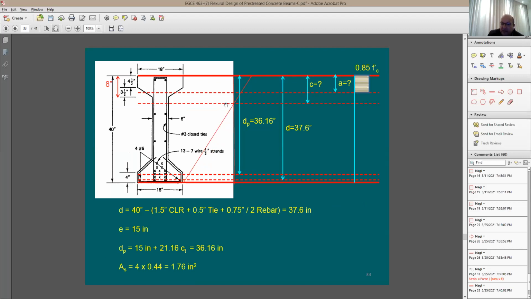Right at the C depth, the strain is going to be equal to 0. Right here at the top of the concrete, how much is this going to be? Can someone help with the strain at the top of the concrete? 0.003, yeah.